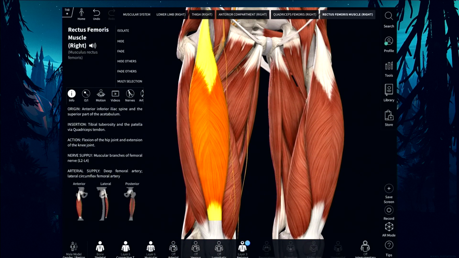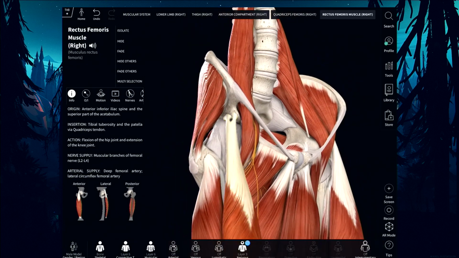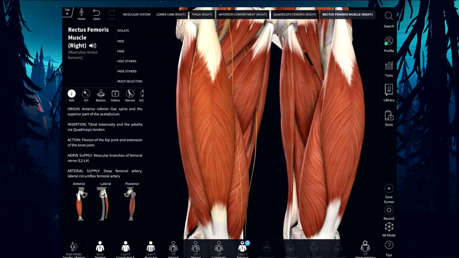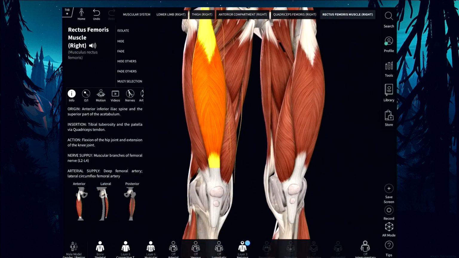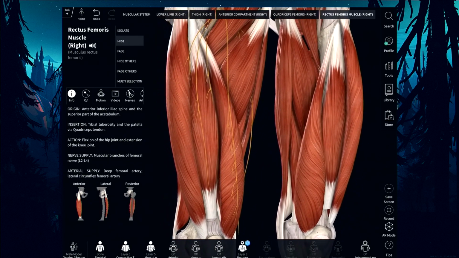And we already know the origin of rectus femoris. Anyone remember that? Origin of rectus femoris? You guys got it? No? Anterior something spine, right? Yeah, you'll figure it out. Anterior inferior iliac spine. Look, you can see it really nicely right here. So prime mover, rectus femoris, to extend the knee. All the vastuses are deep.